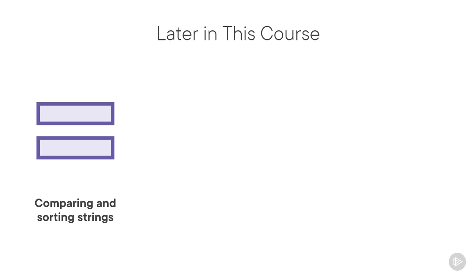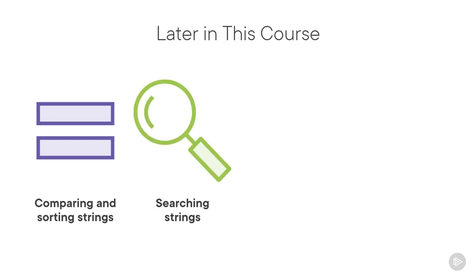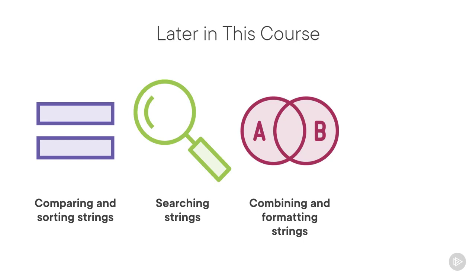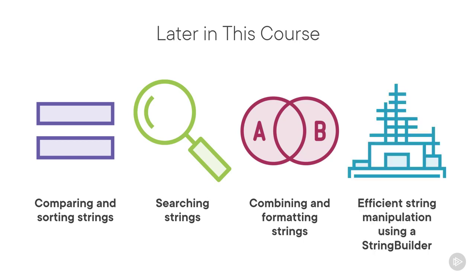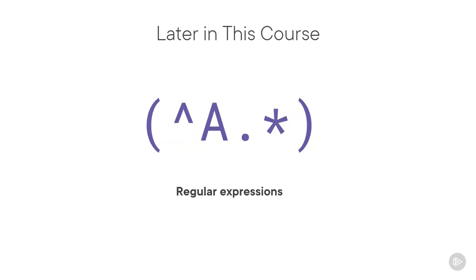Later in this course, we'll build upon these foundations by learning about comparing and sorting strings, searching strings, combining and formatting strings, and making manipulation more efficient by using a string builder. Along the way, we'll be sprinkling in some regex to learn about this initially intimidating way to match and manipulate string data.